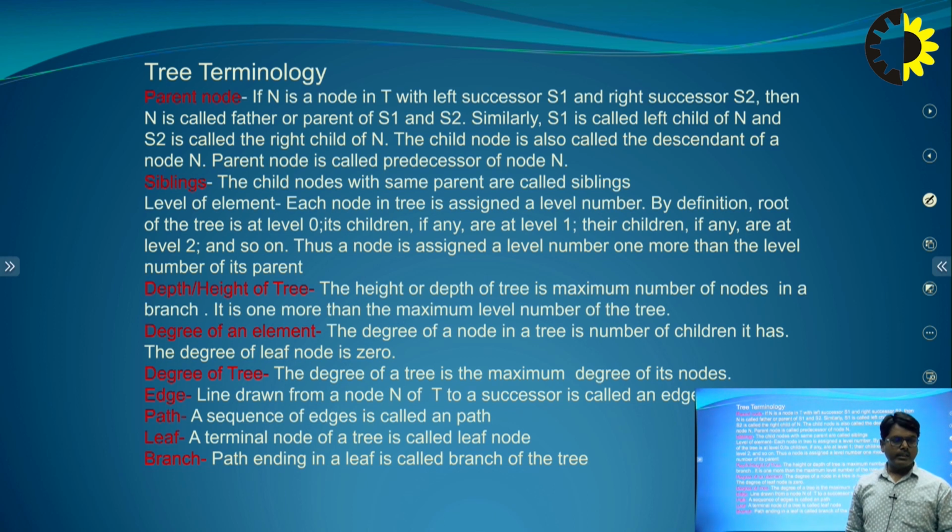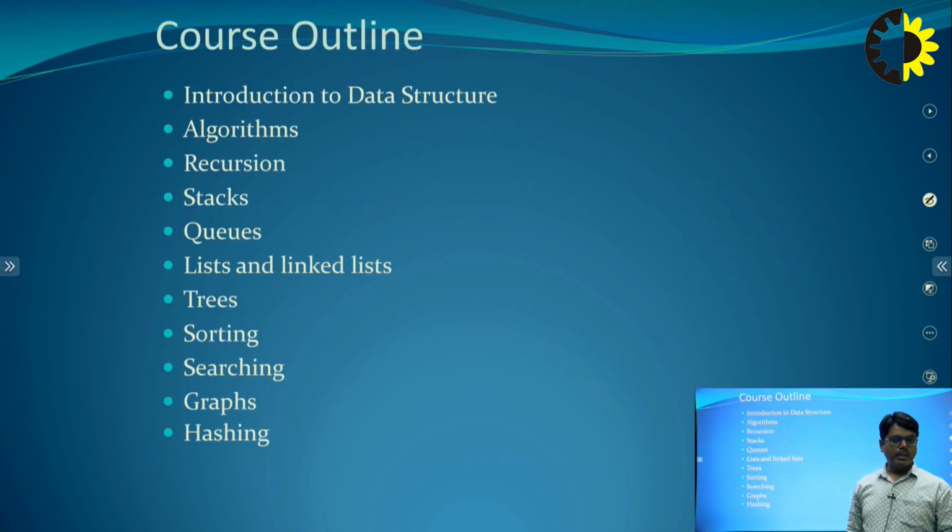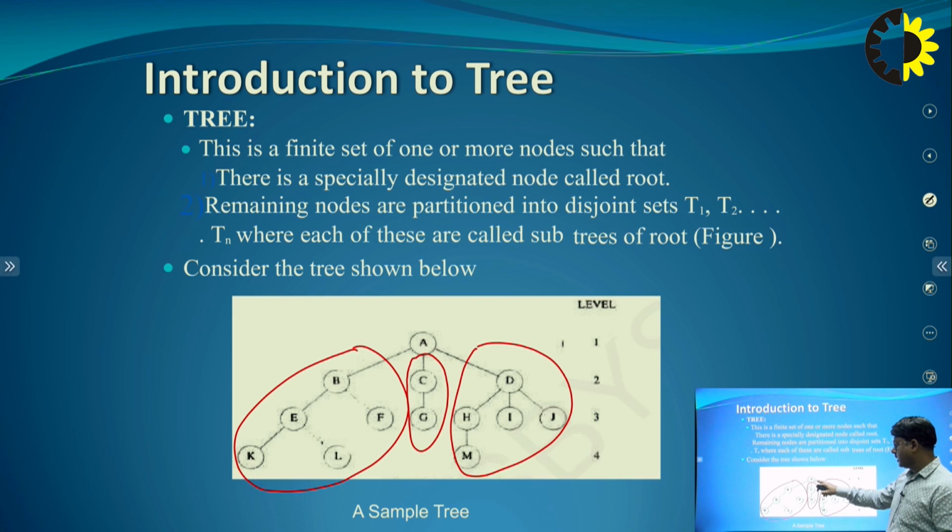If we take the previous example of the tree, and want to find out the degree of root node A, we just have to check how many edges are connected with this root node. So B, C and D, these are the subtrees that have been connected. That means A has degree 3.